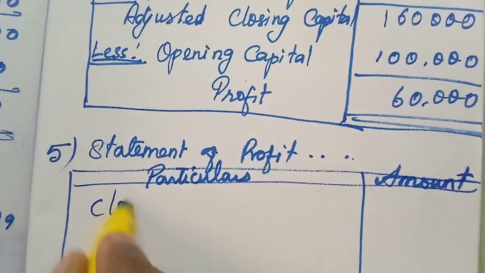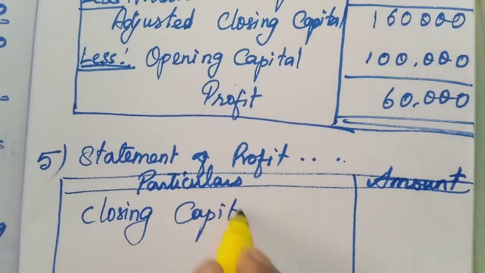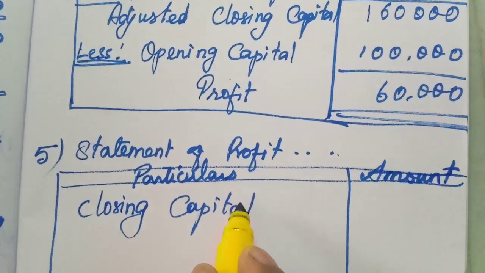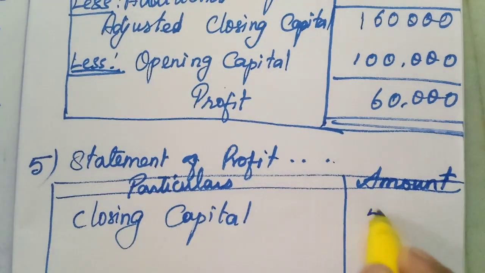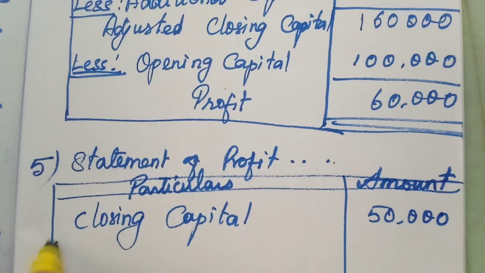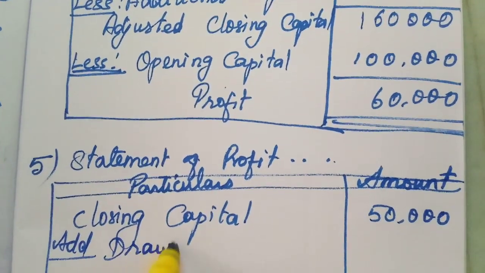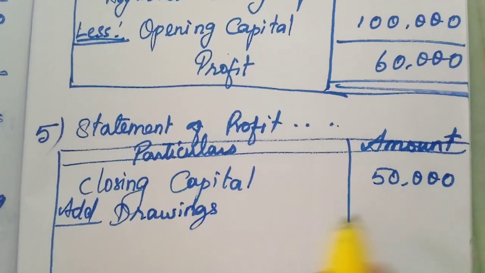First closing capital, closing capital 50,000, and drawings. Drawings we do not know the amount, isn't it?